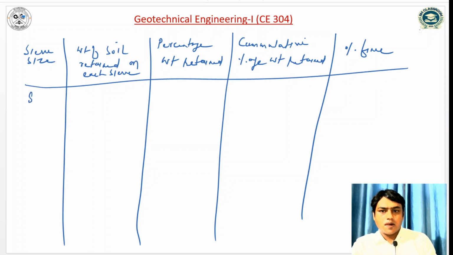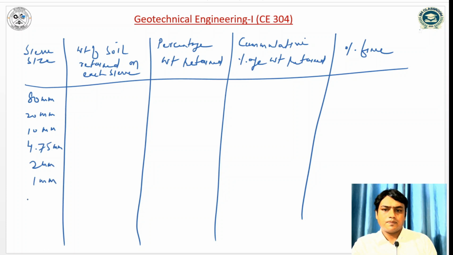Sieve size: 80 mm, 20 mm, 10 mm, 4.75 mm, 2 mm, 1 mm, 600 micron, 425 micron, 212 micron, 150 micron, 75 micron, and pan.